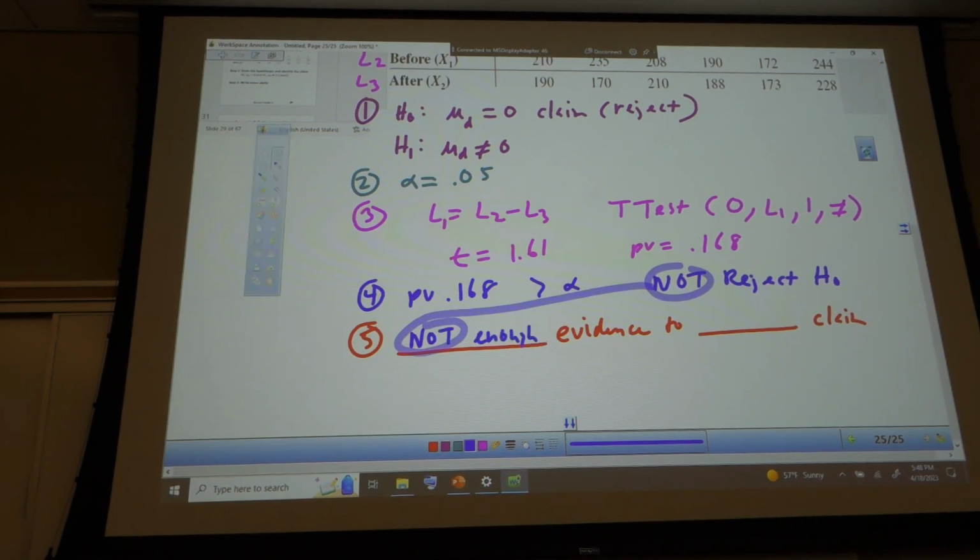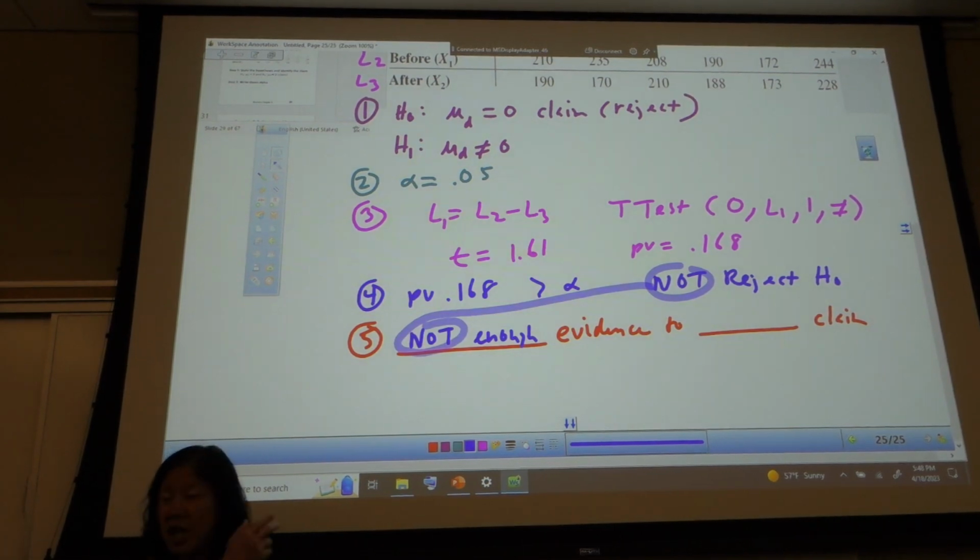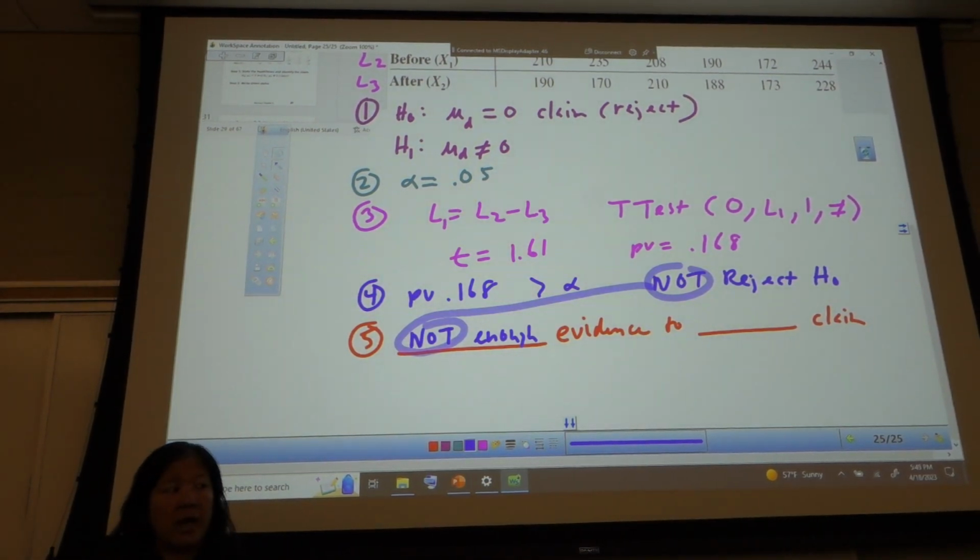So here's the difference on which one you picked as your claim. If you pick H1 as your claim, then you'd say not enough evidence to support the claim that there is a change in cholesterol level. Is everybody with me? Yes?